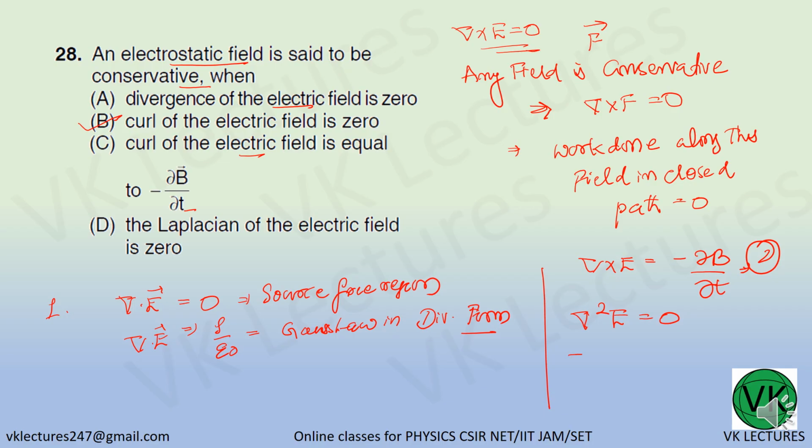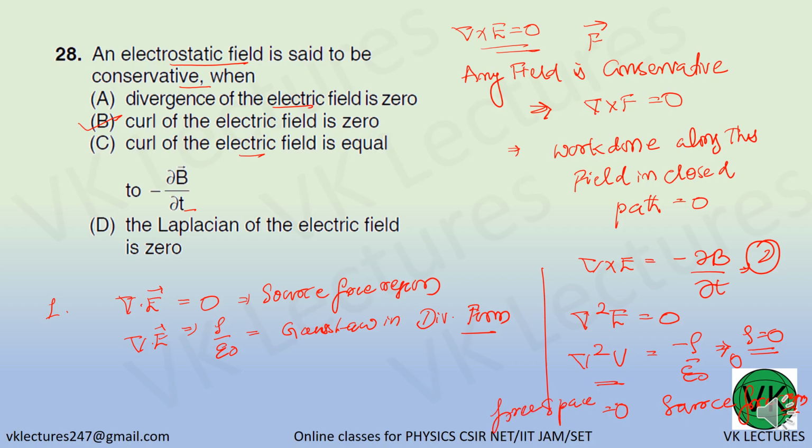Laplacian of electric field, that is del square E equal to 0. What is it actually? Del square V is equal to minus rho by epsilon. Laplacian of potential. And if this is 0, then rho equal to 0. Rho means again it is a source free region, or you can write free space.